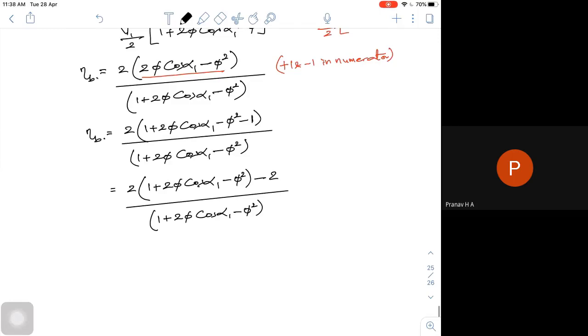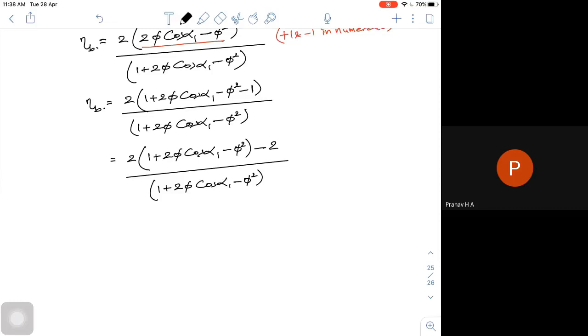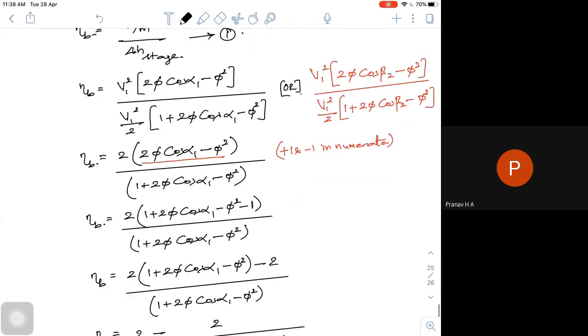Now if you look at this expression, I can simplify. This will be 2 minus 2 whole thing divided by 1 plus 2 phi cos alpha 1 minus phi square. I can call that expression number 2.